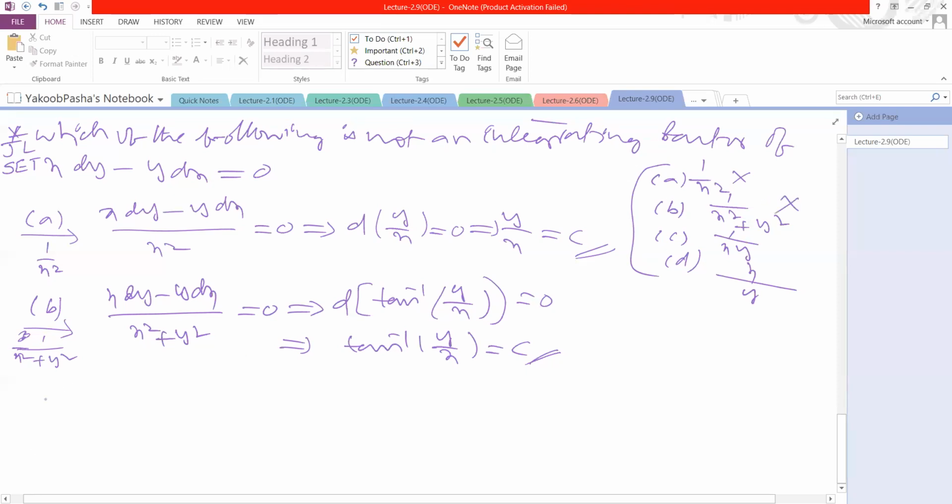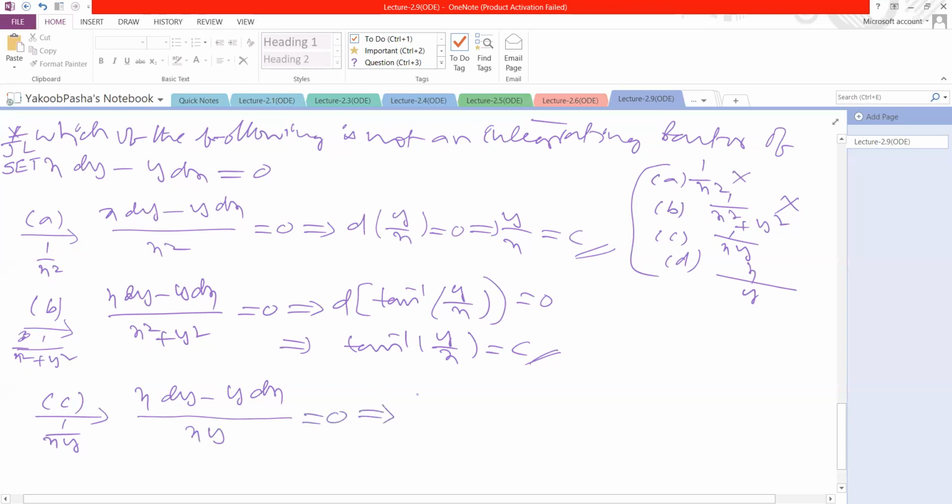Now if we take option C, that is 1 divided by xy, and multiply, we get (x dy minus y dx) by xy is equal to 0.